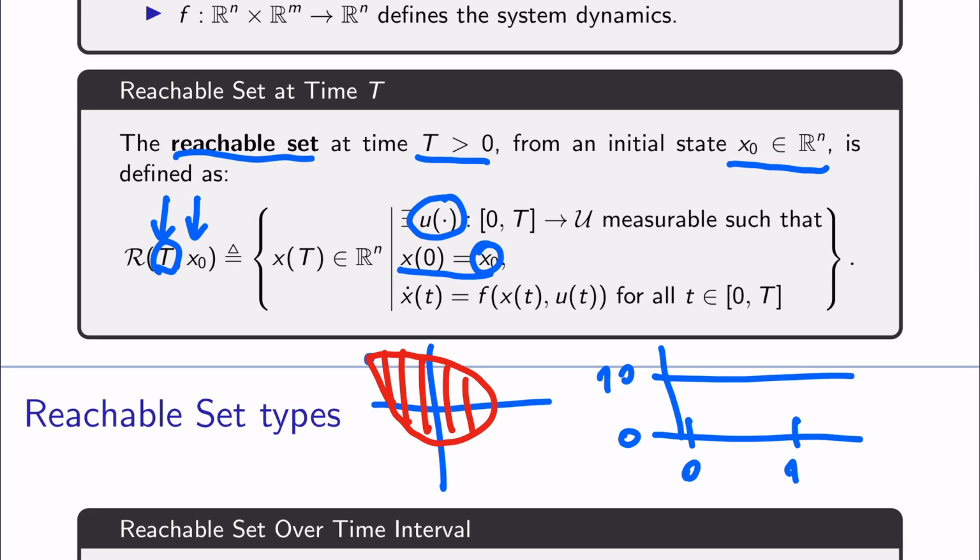In this case we have the time t, and then the initial point. So for this point, we will have a set.